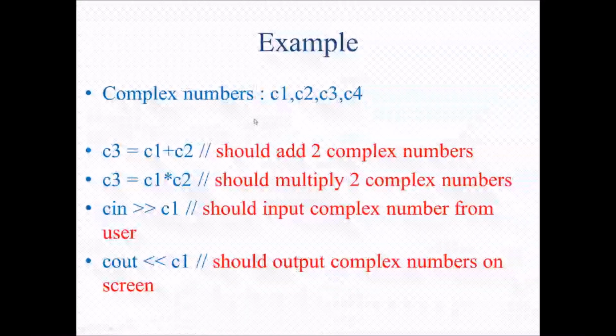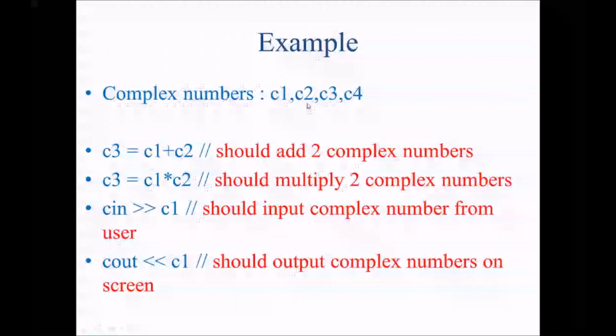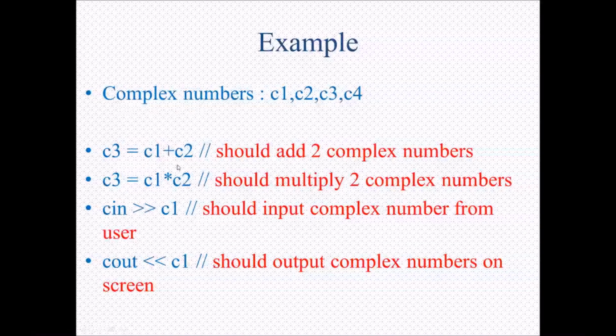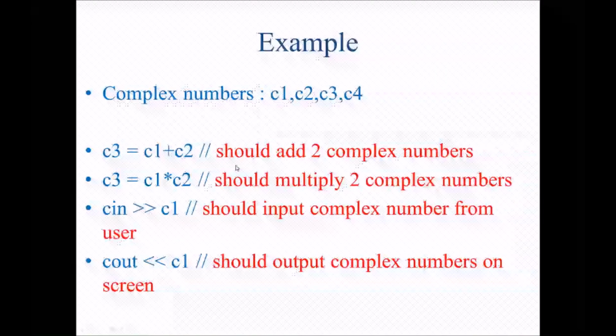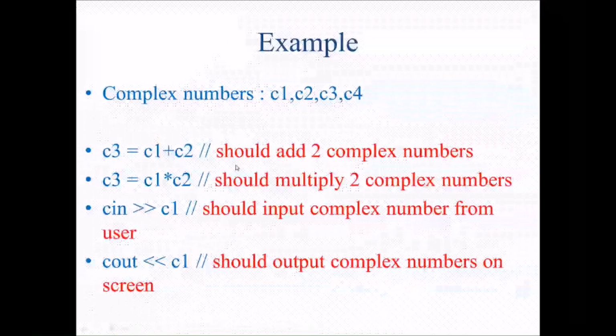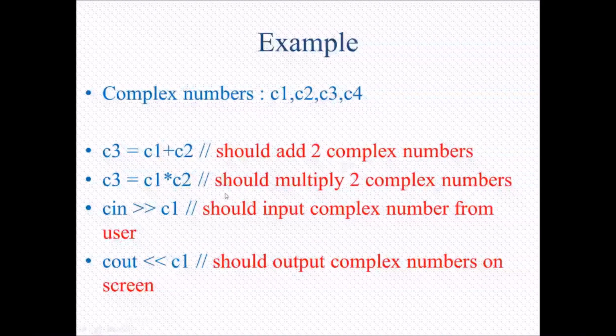For example, in our program, if we have objects C1 to C4, then if we write C3 equal to C1 plus C2, it should be able to add two complex numbers, C1 and C2. If I'm writing C3 equal to C1 into C2, this statement should be able to multiply two complex numbers.